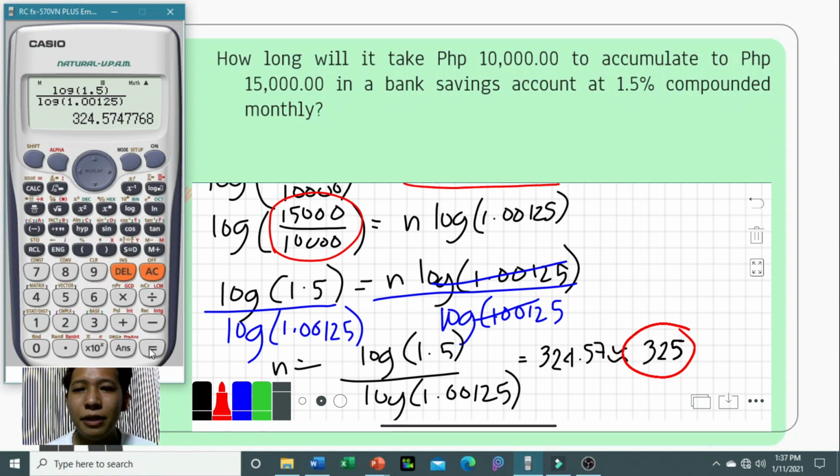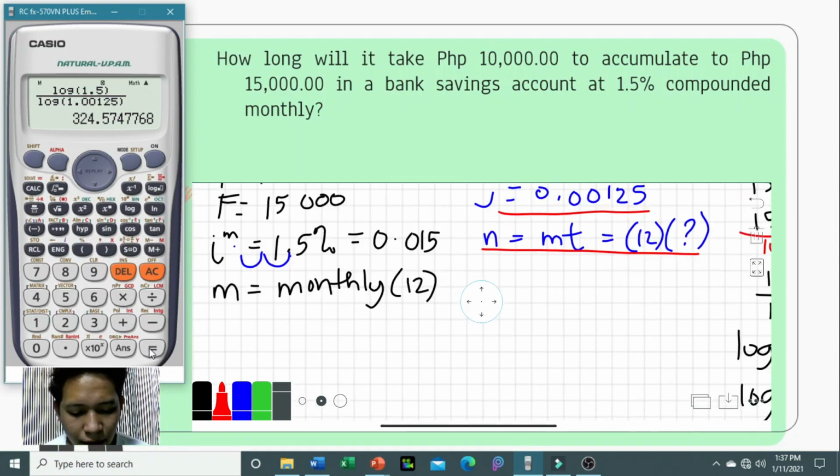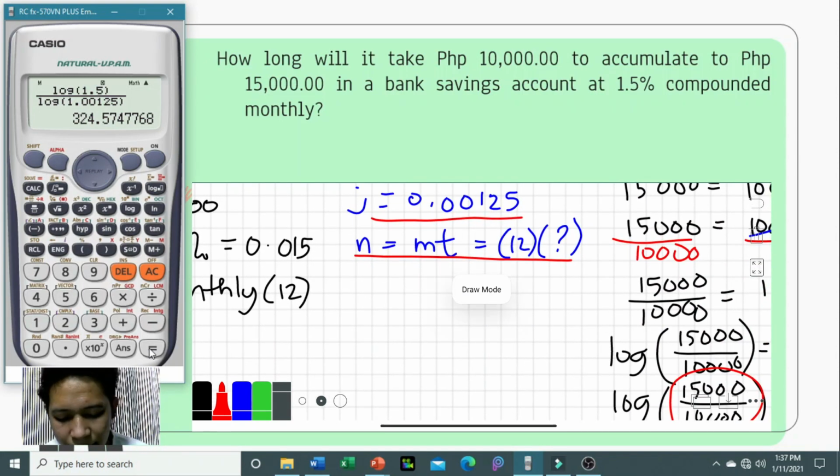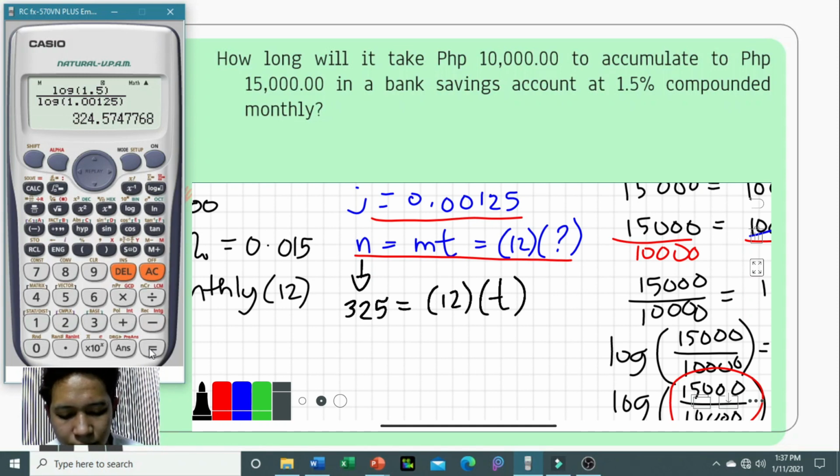So, ibig sabihin, pwede na po natin makuha yung time kasi given na tayo ng value ni n. So, going back here, if n is 325, so we have here 325 equals our m is 12, and then we have t. Since t yung nawawala, so ang gagawin natin is to divide both sides by 12 para makancel yung 12 dito.